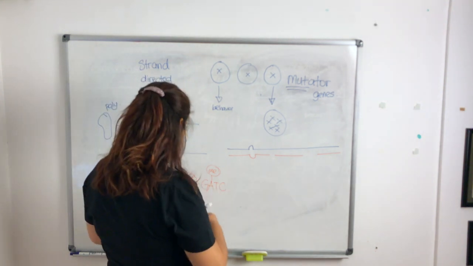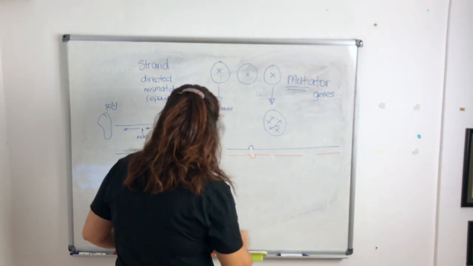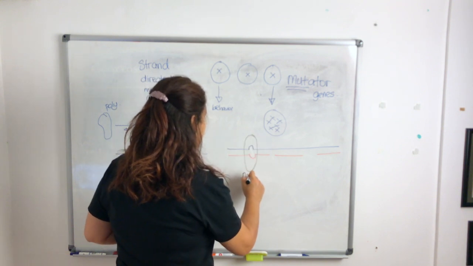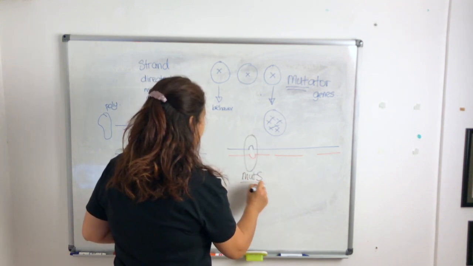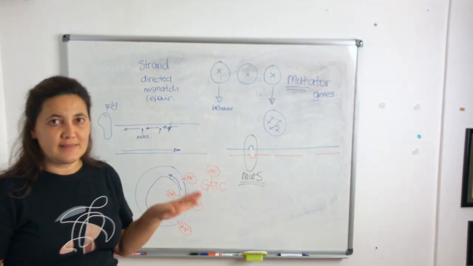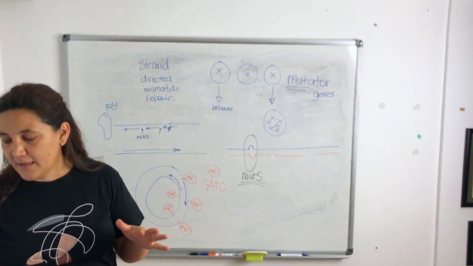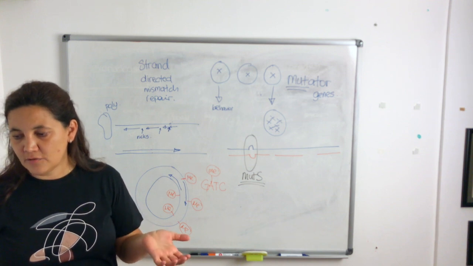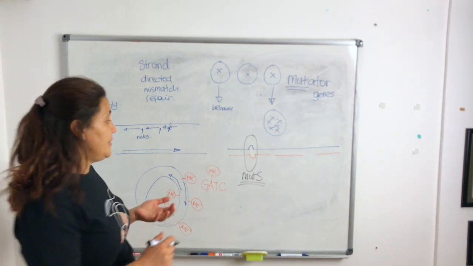The searching protein is called mutS. This one finds the mistake in the DNA, and scanning is done by another protein called mutL, or I'm not sure.